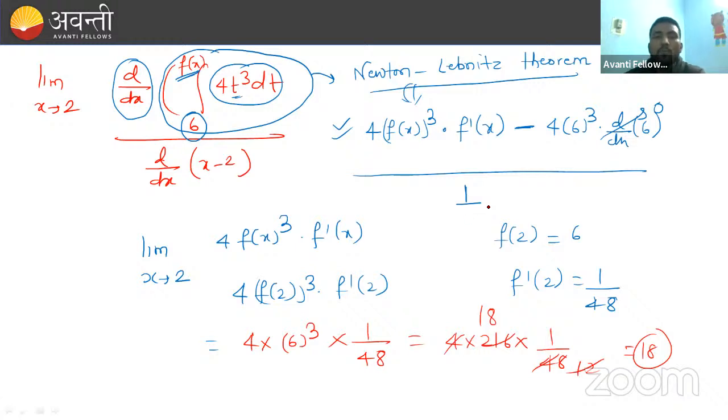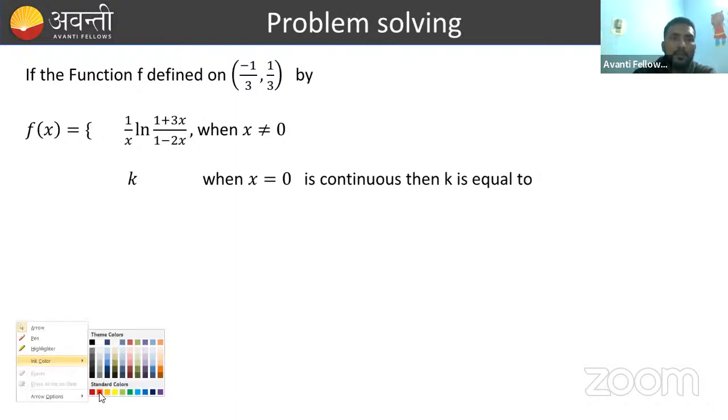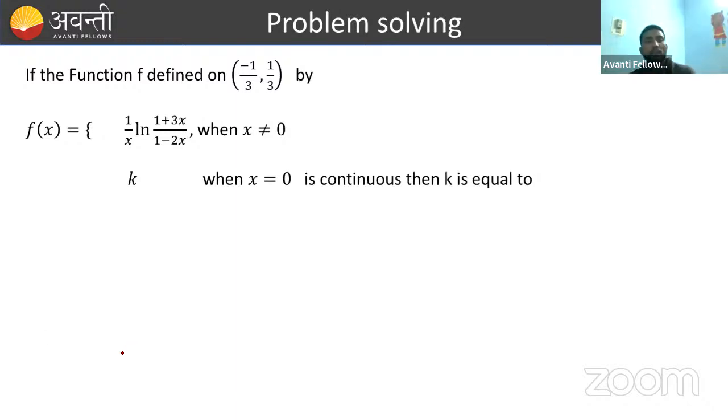Okay, so now we will move to the next question. This one you can see. We have a function, right? 1 by x ln of (1 plus 3x) divided by (1 minus 2x) when x is not equal to 0, and when x is equal to 0, it is k. It is continuous.